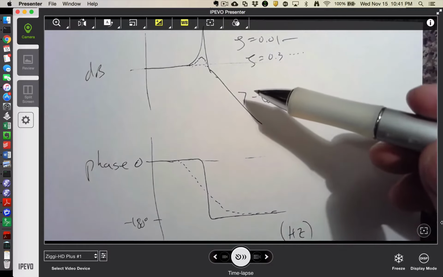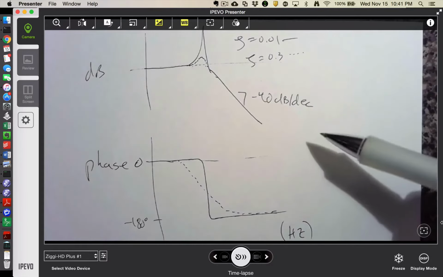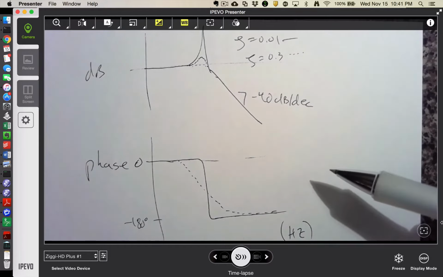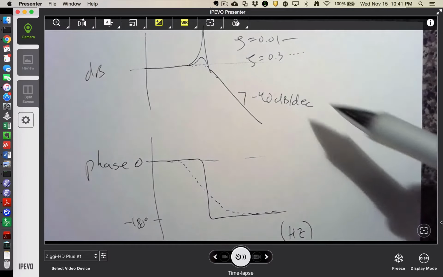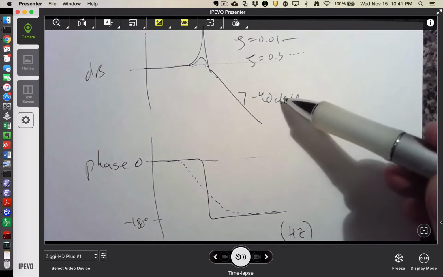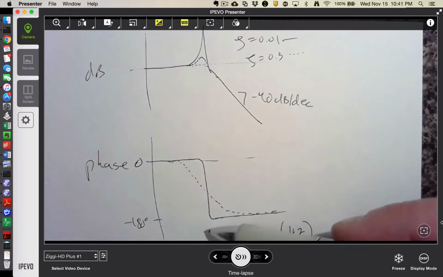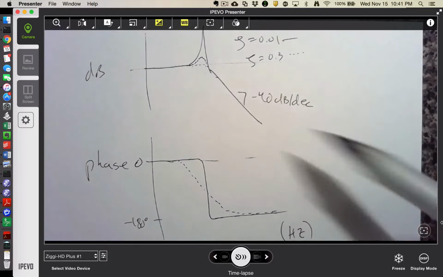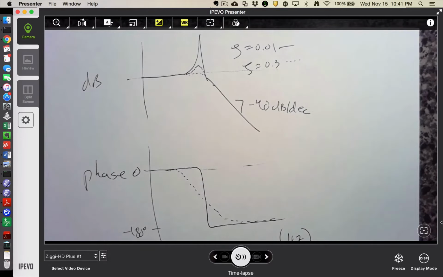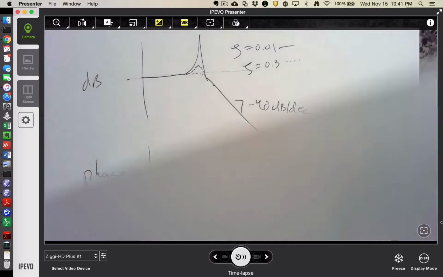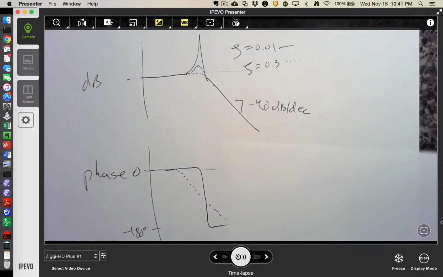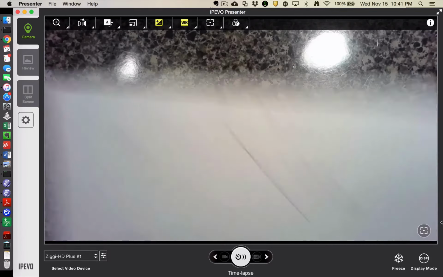So when I'm coming along and I encounter a second order underdamped pole, my slope goes down by 40 dB per decade, my phase drops minus 180, but I also have a peak that depends on zeta. And then if we were talking about an underdamped second order zero, that would flip upside down and that would flip upside down.